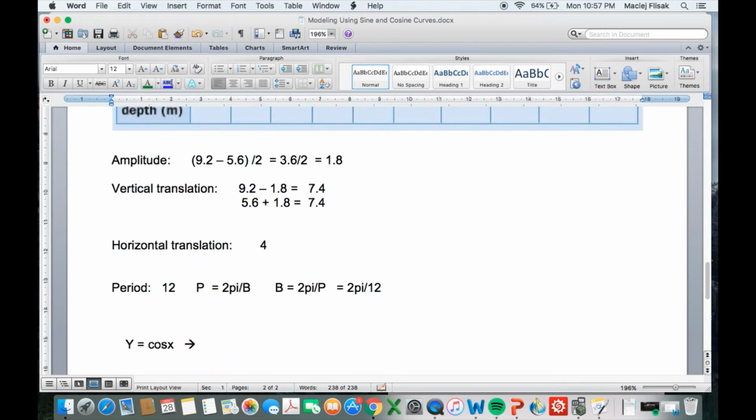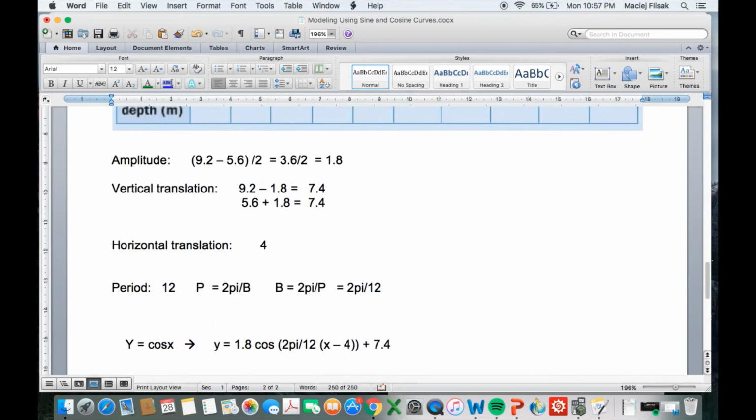We've transformed it. We begin with this. We need the a value in front. A value is always our amplitude. In this case, we found the amplitude to be 1.8. 1.8 cosine, and then we're going to put the b value in here, which is 2 pi over 12 x. Now we need the horizontal translation, which is 4 units. Close that off, and now we need the vertical translation, which is 7.4.